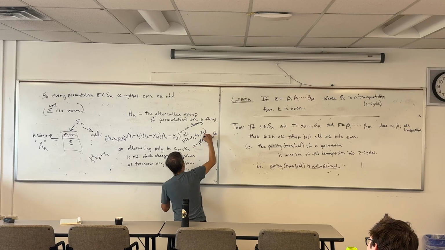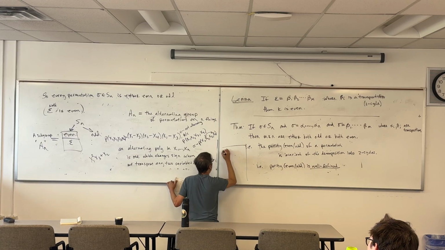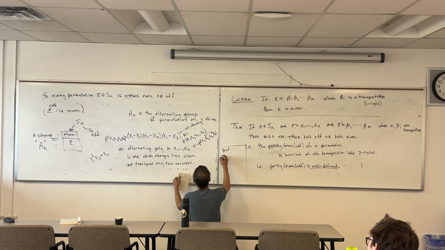What I did was swap these two variables, but it didn't change the sign. Whereas this polynomial, Q of x1, x2, x3, x4 equals x1 minus x2 times x3 minus x4.